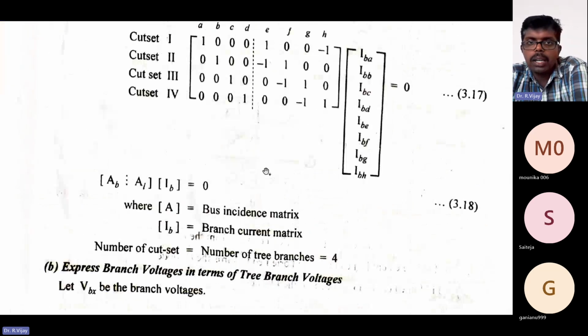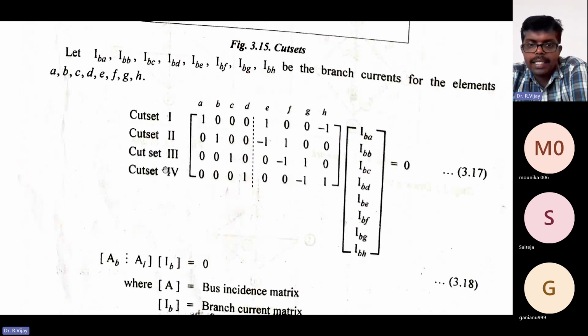A transpose, what? This is the A matrix, the bus incidence matrix, which we need to transpose. So A transpose means row to column. So 1 0 0 0 1 0 0 minus 1, like that it will come.